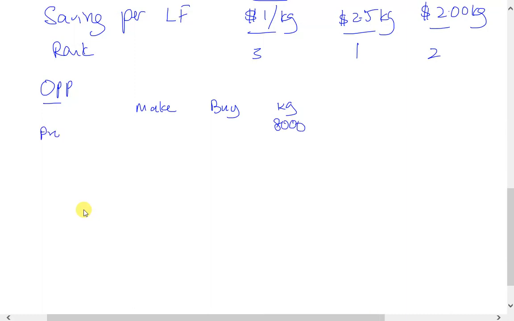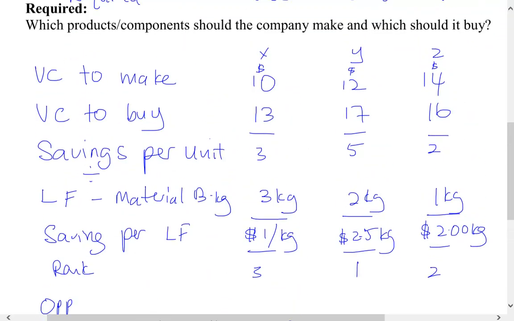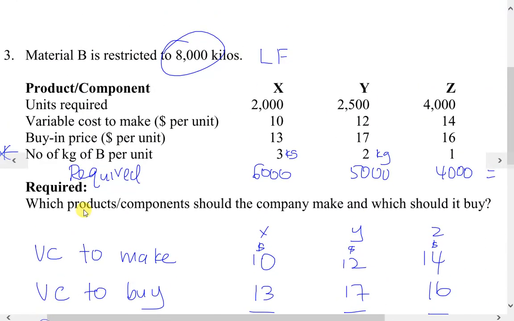And based on the ranking, I produce Y first. I'll make Y. So Y is 2005 units.